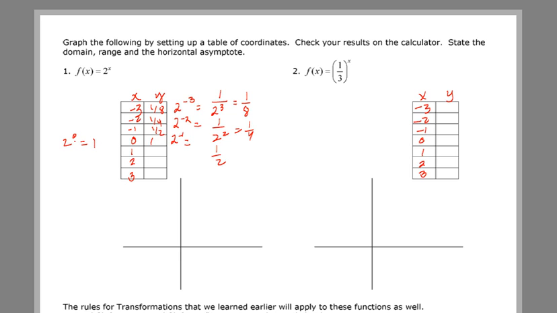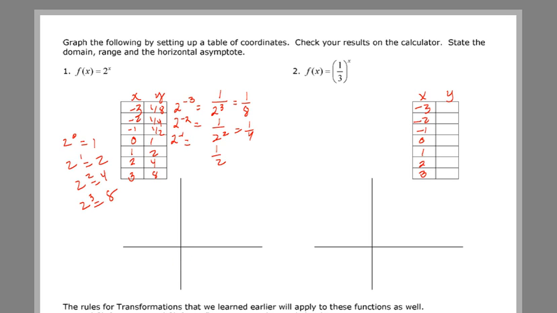That's a definition: anything to the 0 power is 1. 2 to the first power is 2. 2 to the second power is 4. And 2 to the third power is 8. That's how we can get a table of values and then plot those on our system.